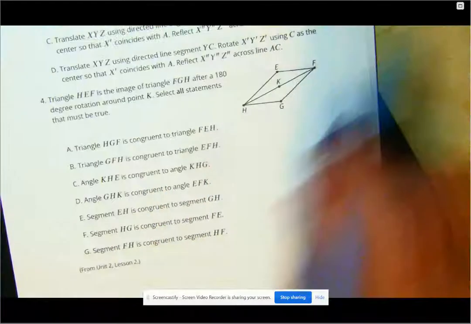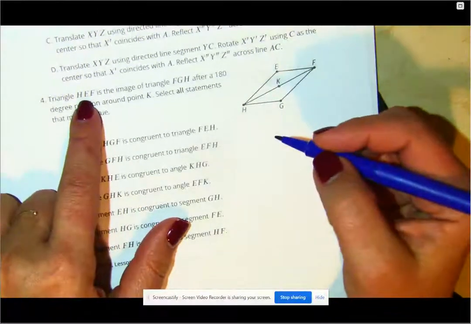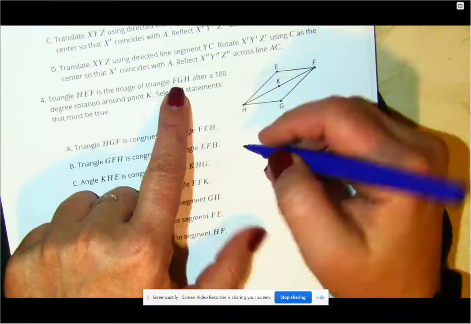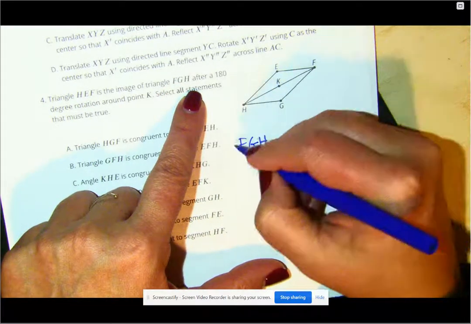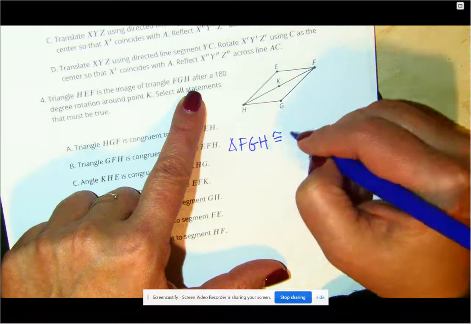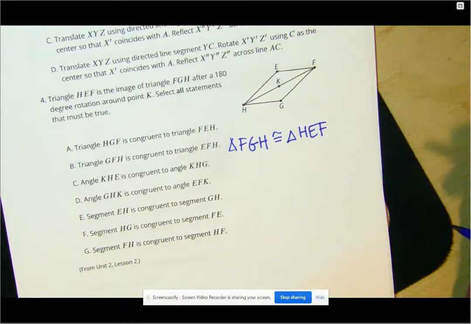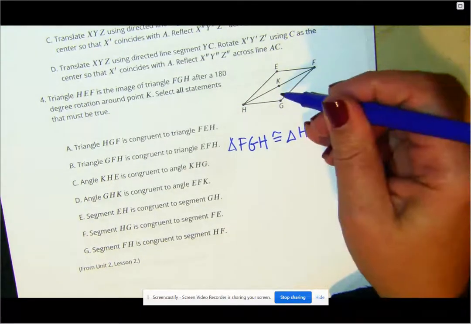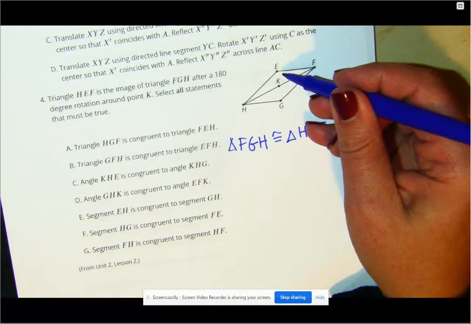Okay? And again, the congruent statement says HEF is the image of FGH after rotation, which means they're congruent. Triangle FGH is congruent to triangle HEF, because this is mapped onto this through a 180-degree rotation, which is a rigid transformation.